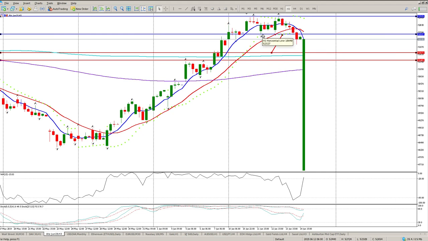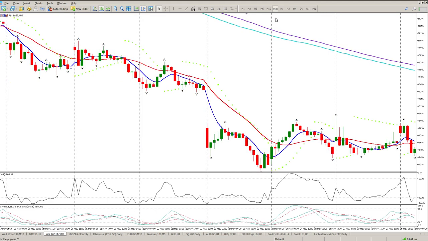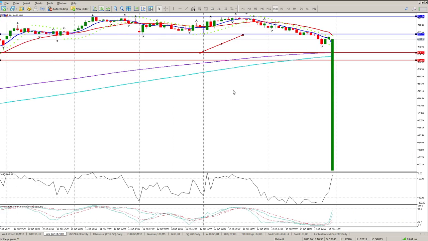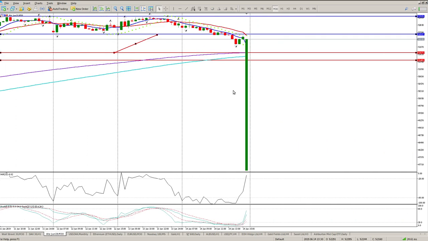This level is 52327. I'd like to see a retest of that level and see if that holds before getting in for a short, and then targeting this area of 51671. But with all the noise that's going to be in the market today, I'm not even sure I want to play that.